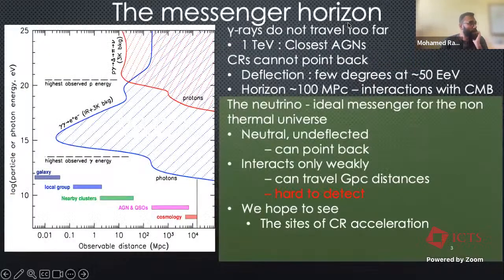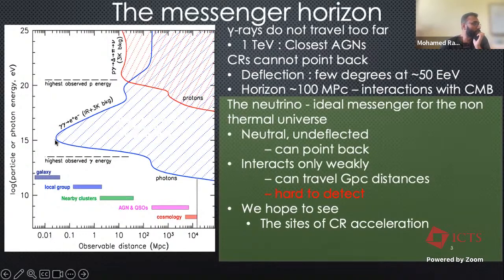This raises the question, why do we want to see the universe in so many different messengers? At high energies, which is where we are interested, as IceCube is sensitive at high energies, the universe is more or less opaque to both photons and cosmic rays.